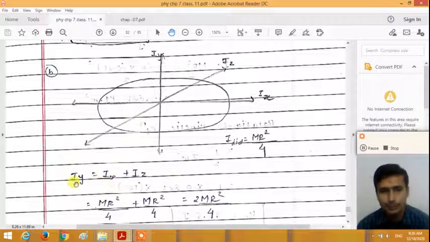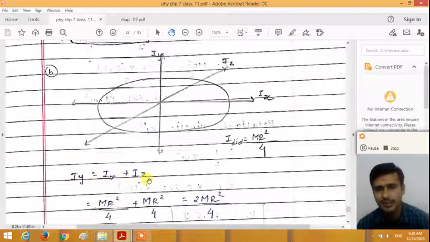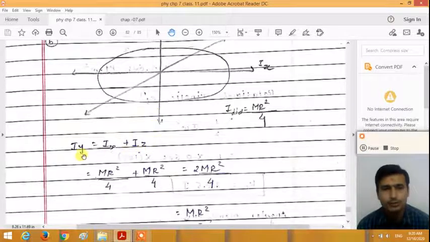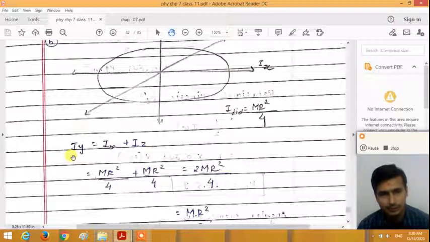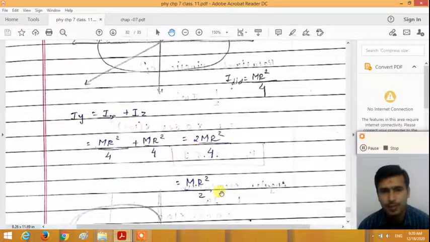So this one, Iy is equal to Ix plus Iz. Ix and Iz, x and z both are the diametrical axis. So both having the same moment of inertia. So we find the moment of inertia about the axis passing through the center and normal to the disk, Iy is equal to mr square by 4 plus mr square by 4, that is mr square by 2.